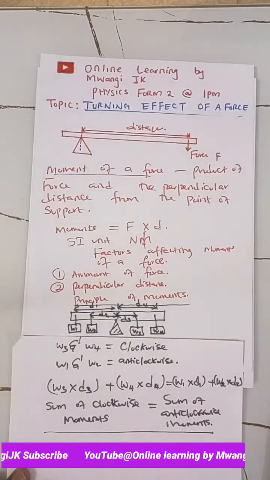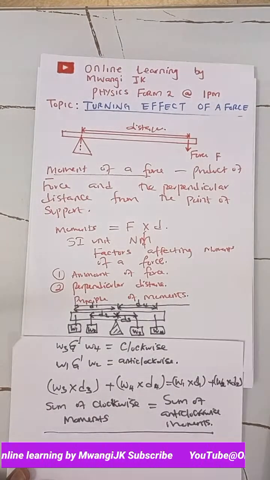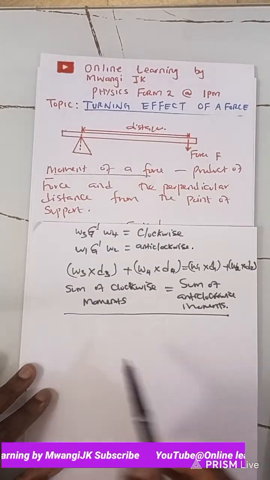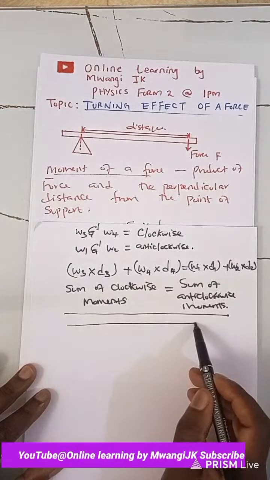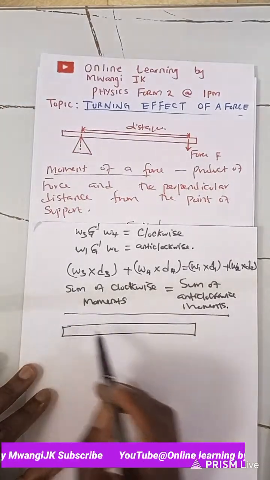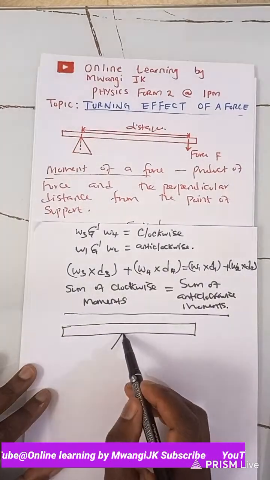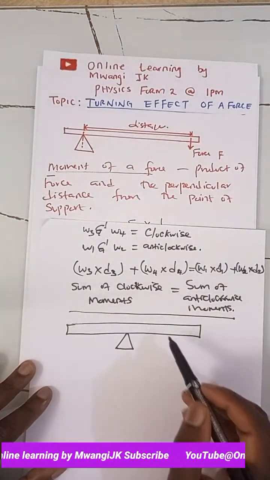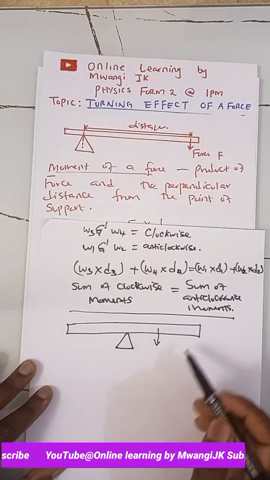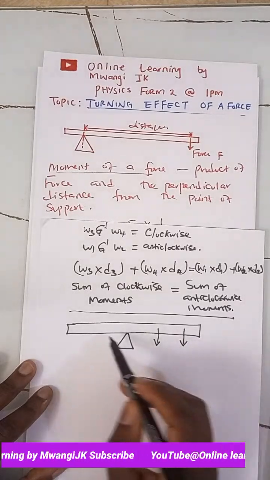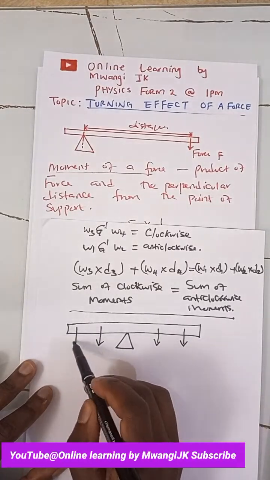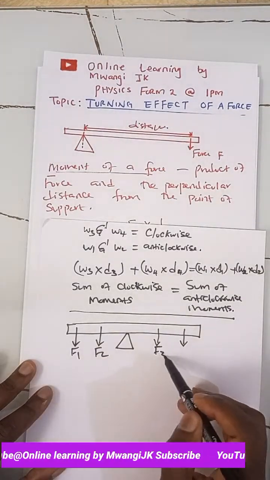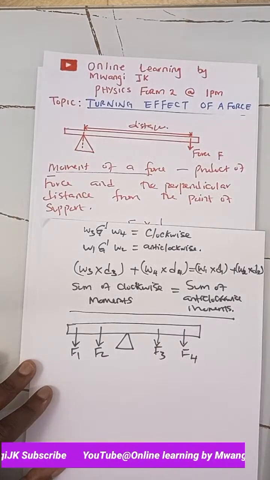So if we have a question, or if we have a bar which is balanced at a certain point, and some forces are acting on both ends, we are supposed to consider force 1, force 2, force 3, and force 4.